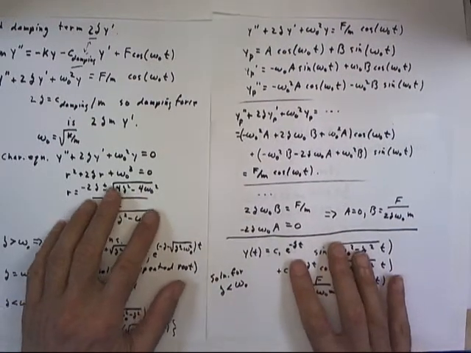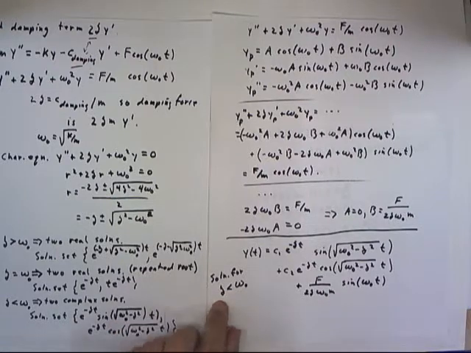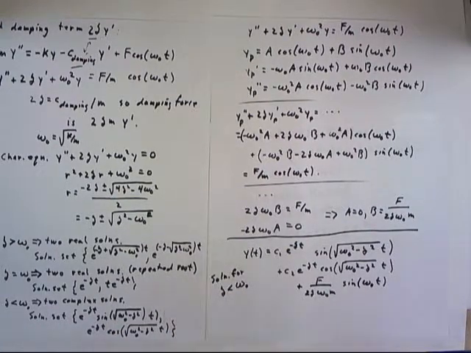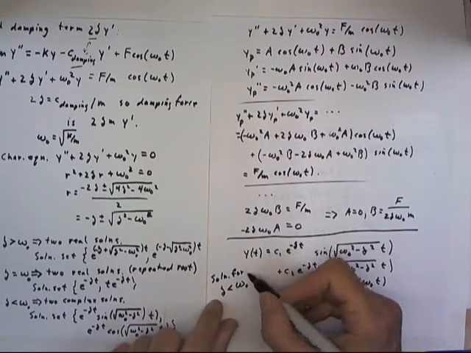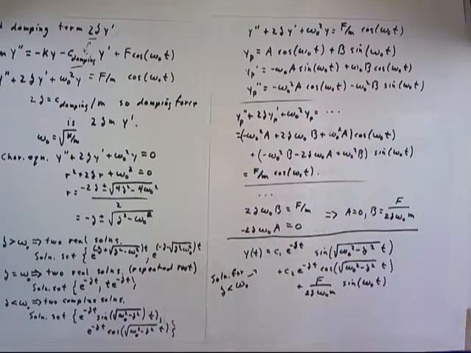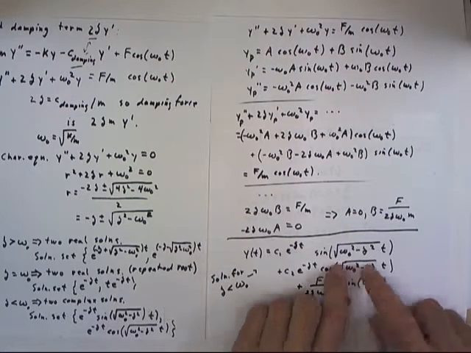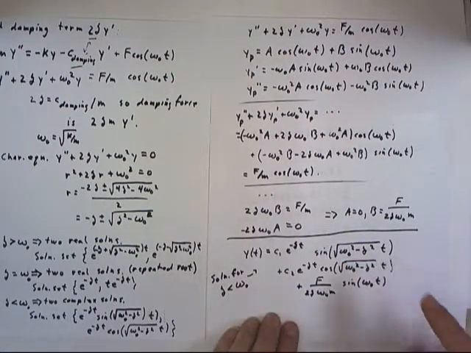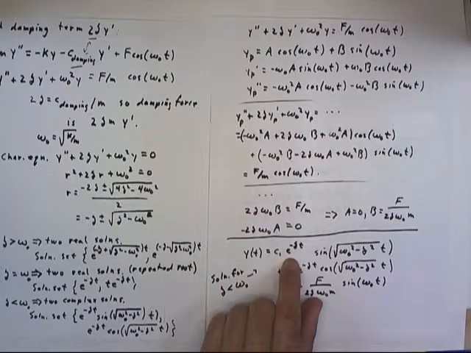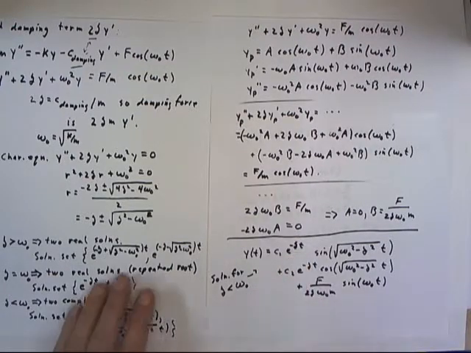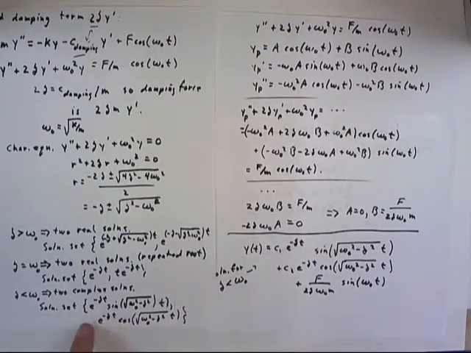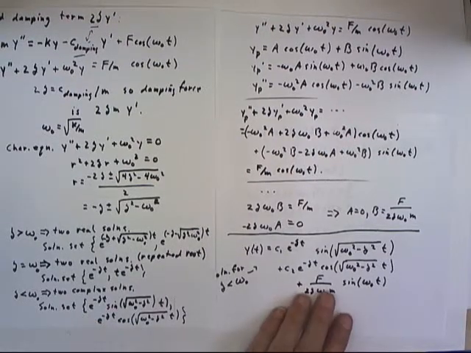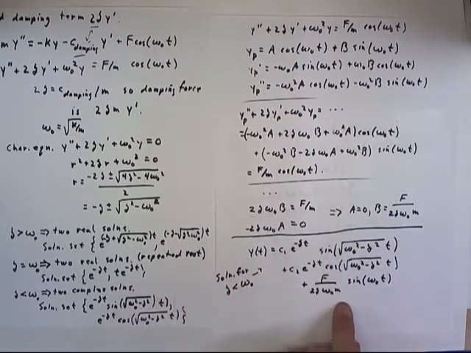Now the solution for delta less than omega naught, and let's make sure we understand that that's what we're talking about here, is the one for which we end up with the angular frequency square root of omega naught squared minus delta squared, and the exponential attenuation e to the negative delta t that results from the solution that we saw previously, so that our function becomes this.